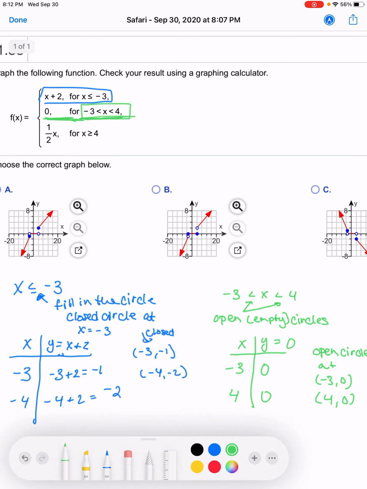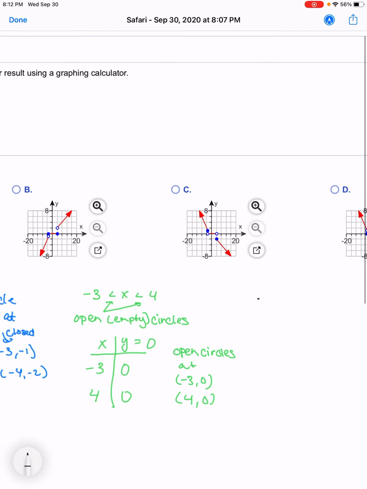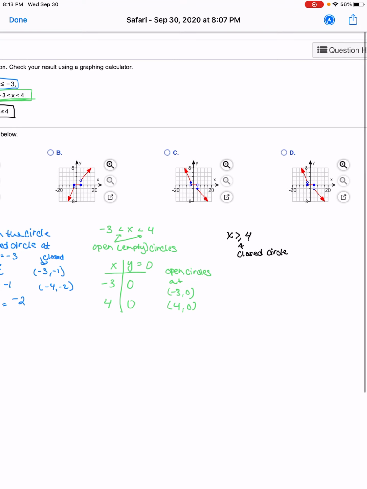Last, I want to look at the last piece of our graph, and that is when x is greater than or equal to 4. Notice we have an equal sign here, so we're going to have a closed circle. Our function takes on the value 1/2 x. So we have x and y equals 1/2 x. We know we want to use the endpoint of 4, and now we need another value that is greater than or equal to 4.